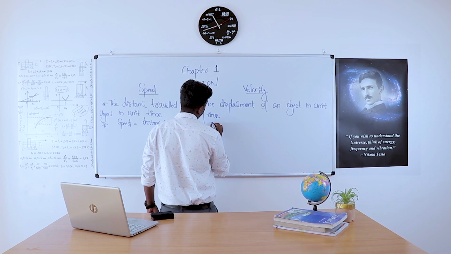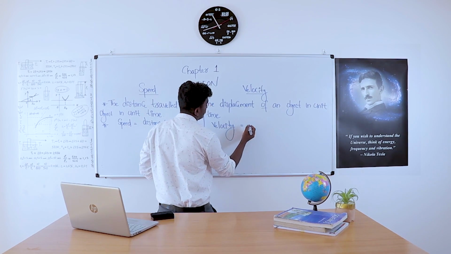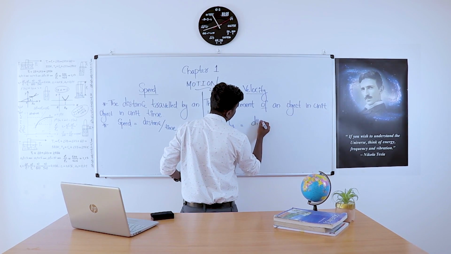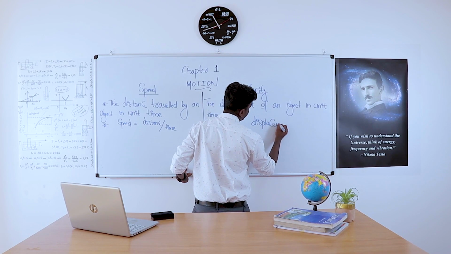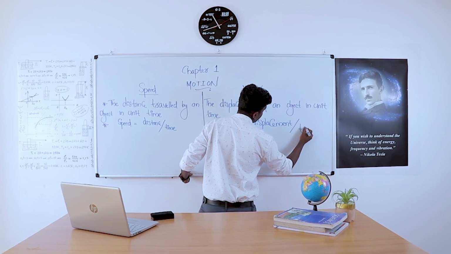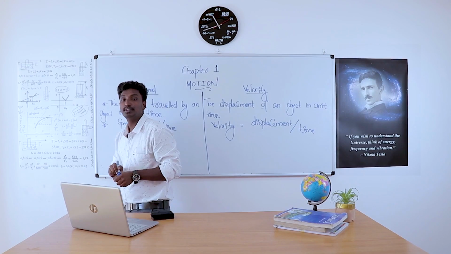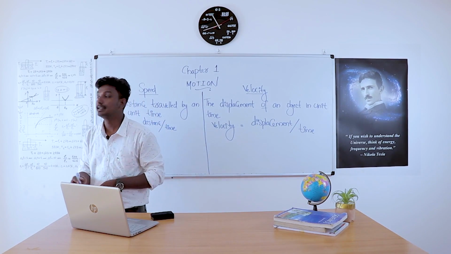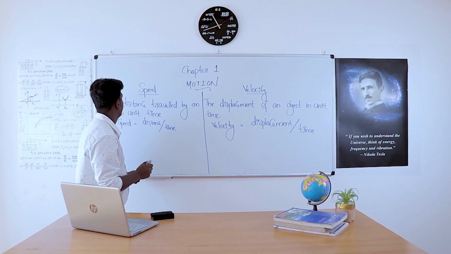Likewise, we can write velocity as velocity is equal to displacement by time. Speed is equal to distance by time and velocity is equal to displacement by time.